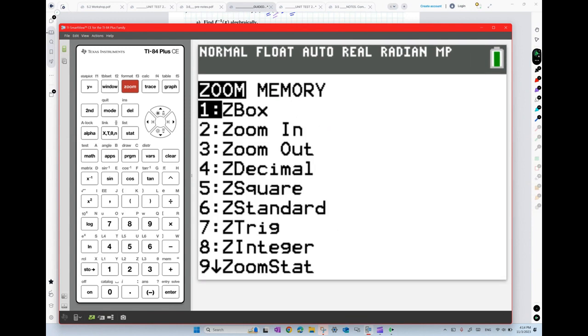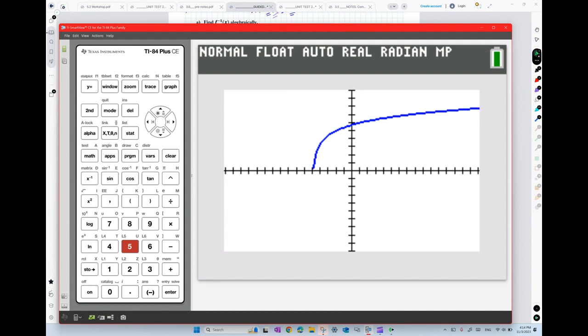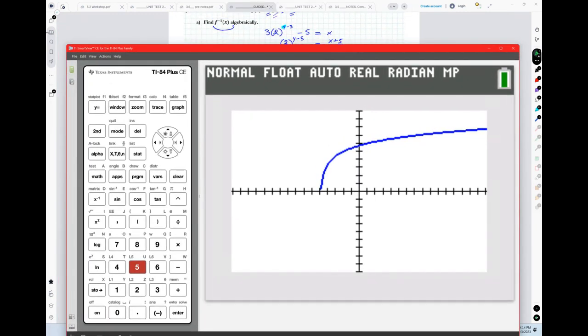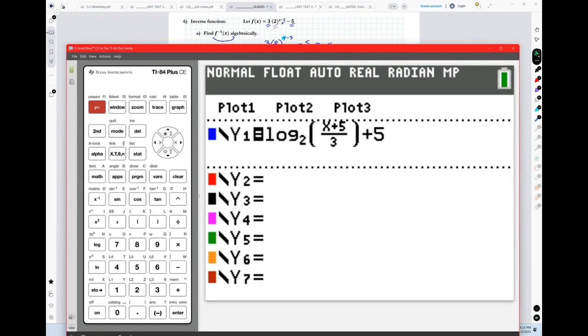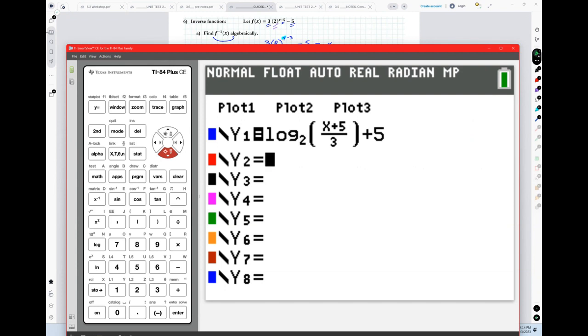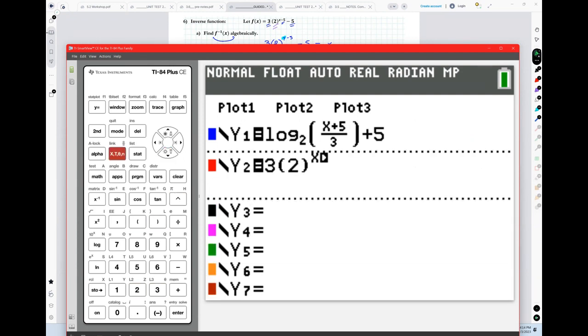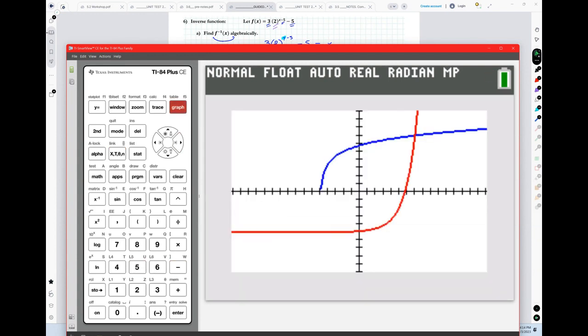Now you can have the square zoom. So it's zoom 5. It will look a little bit more like the graph. If you type for y2, 3 times base 2 of x minus 5, minus 5, you graph this whole thing, you have it, see?